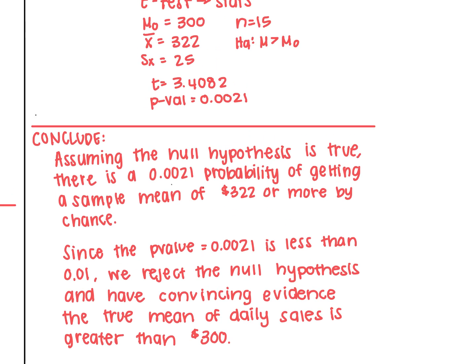So our conclusion: assuming that null hypothesis is true, we have a 0.0021 probability of getting a sample mean of 322 or more just by chance. Since the p-value is less than 0.01, we reject the null hypothesis and have convincing evidence that the true mean is greater than 300.